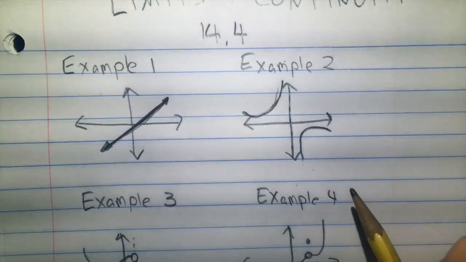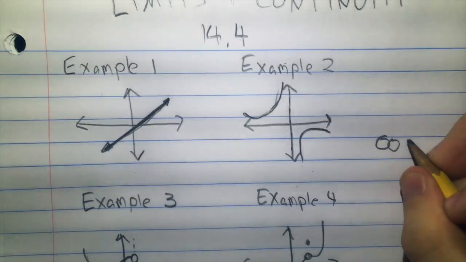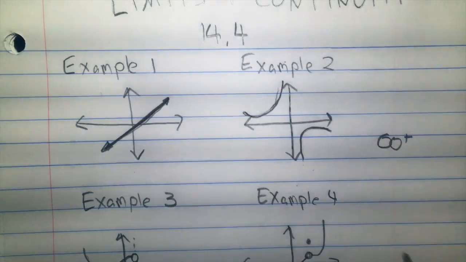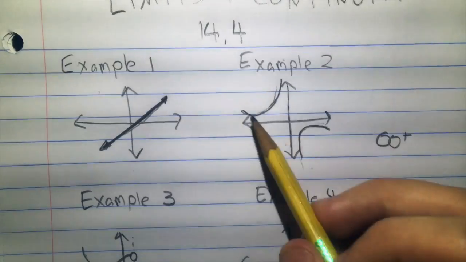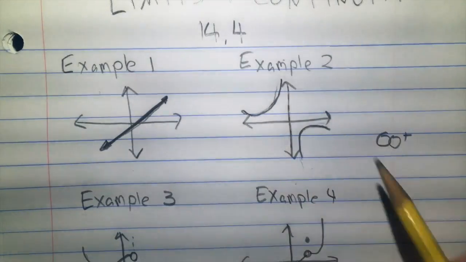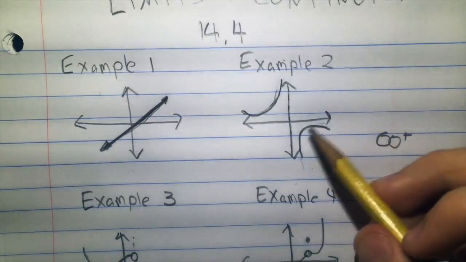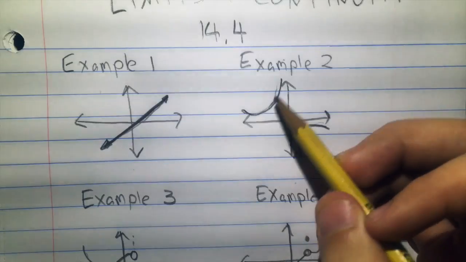Now if you were coming from the left or right, say if it had a positive or negative like this, positive signaling that you would go from here, negative that you would be going from here, it would be negative infinity going down here or infinity going up here.